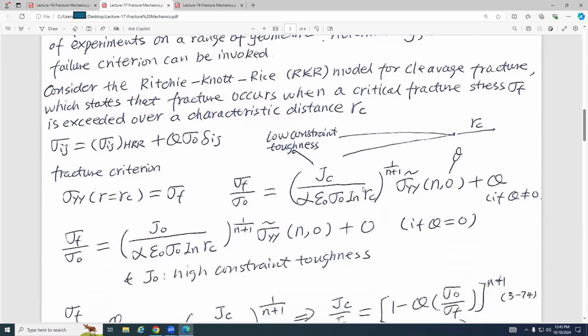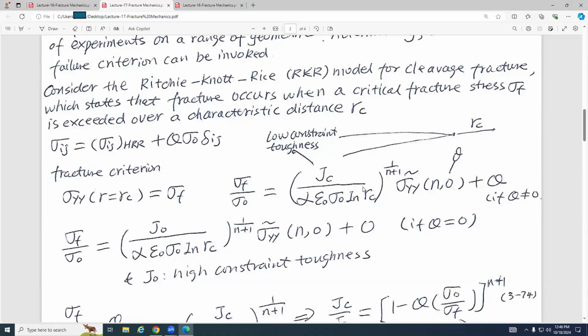So here is my crack tip, and in front of the crack tip at distance RC, if the stress exceeds sigma F, we say the crack will go, and the crack increment will be this RC.